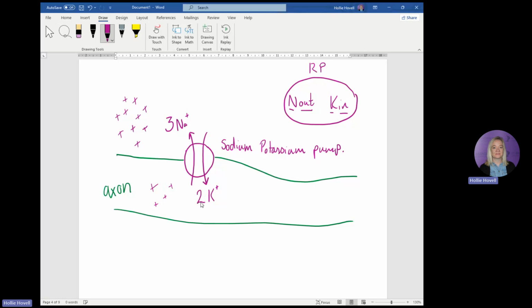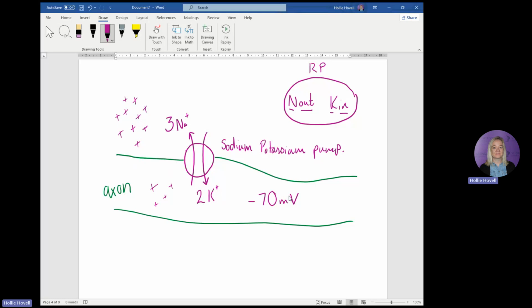Regardless of whether these pluses represent sodiums or potassiums, we get 3 positive charges pumped out for every 2 pumped in. So over time, we get more positive charge on the outside compared to the inside, and eventually this establishes the resting potential of minus 70 millivolts on the inside of the axon.